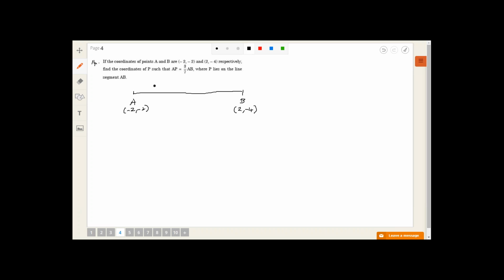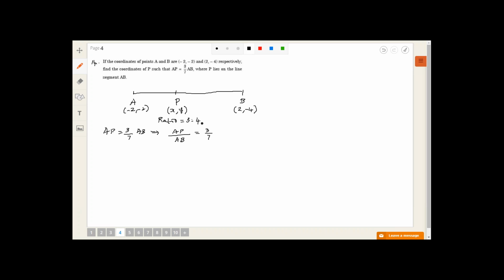Where P lies on the line, let this point be P, which is given by x, y, and the ratio is given as 3:4. 3:4 how? Because AP is equal to 3/7 of AB, which implies that AP by AB is equal to 3 by 7.